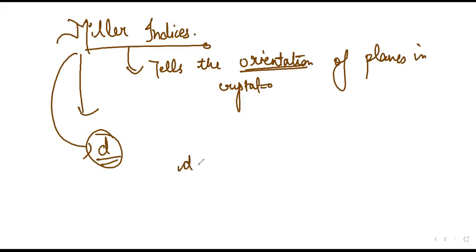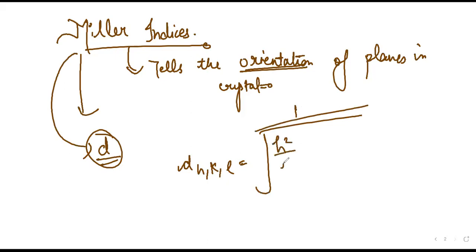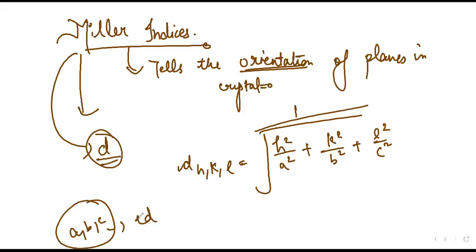Okay. Now d_hkl is equal to 1 over the square root of h square over a square plus k square over b square plus l square over c square. What are a, b, c? a, b, c are basically the edges of the plane. So for example, this is your plane. This is a, this is b, this is c.